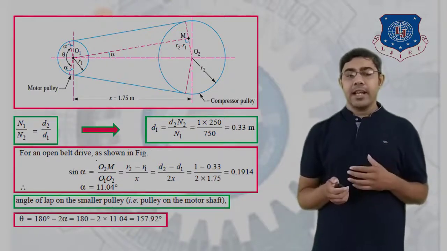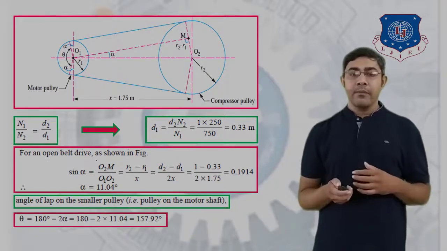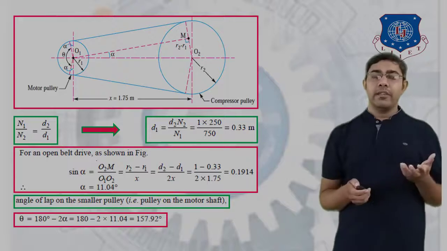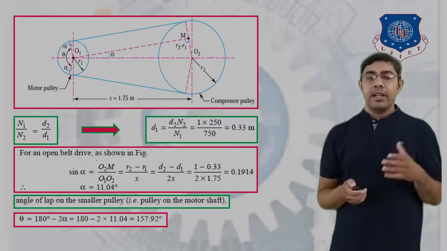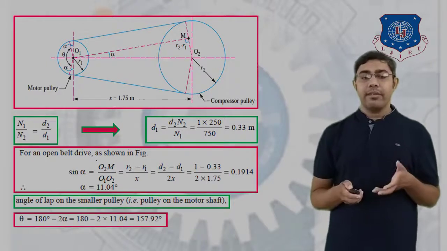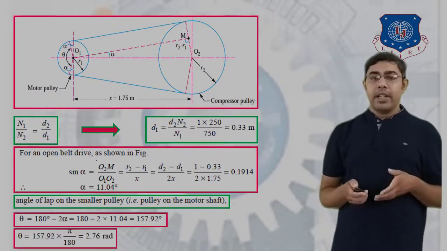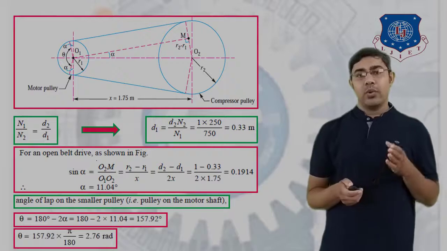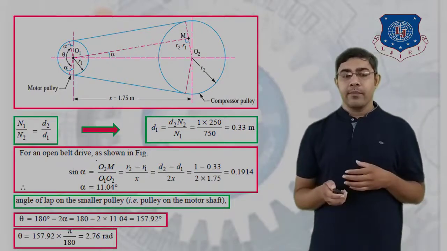We get theta is equal to 157.92 degrees. If we convert into radians, we multiply by pi by 180, and we get theta is equal to 2.76 radians.